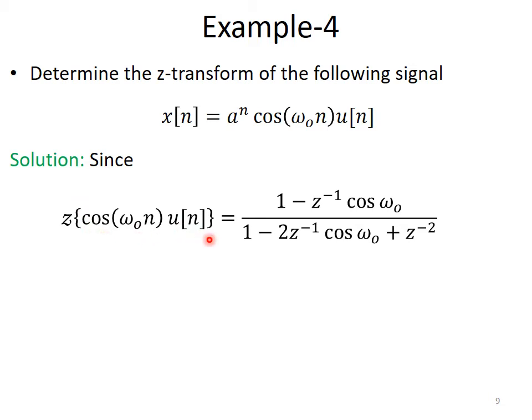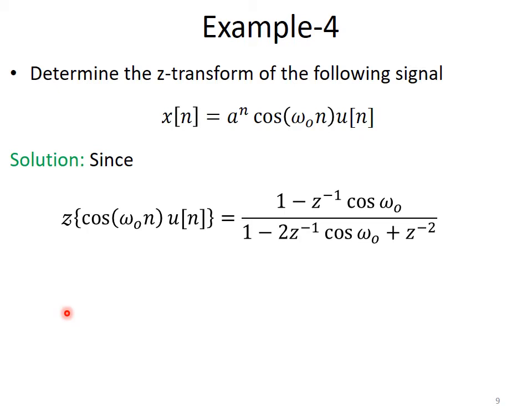So we know the z transform of cos omega naught n into u of n is equal to this function, right? So since this function is multiplied with a power n, we can multiply a power minus 1 wherever the z appears, right? Or a wherever z power minus 1 appears, right?